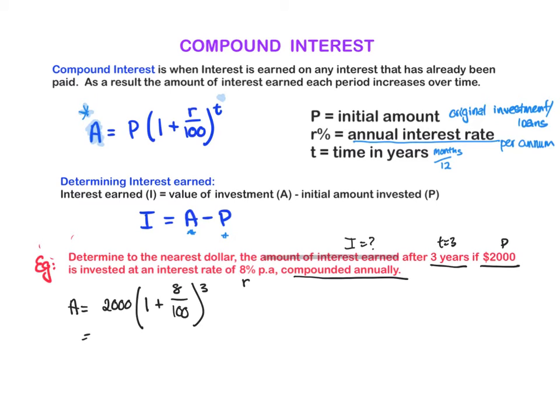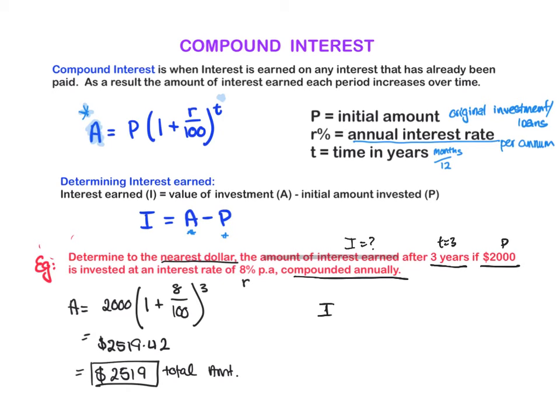So we've typed that into the calculator. Now it said determine to the nearest dollar. My answer at the moment is 2519.42, but because they said the nearest dollar, I don't need the cents, so I'll just do 2519. This is my total amount, but remember they wanted the interest.